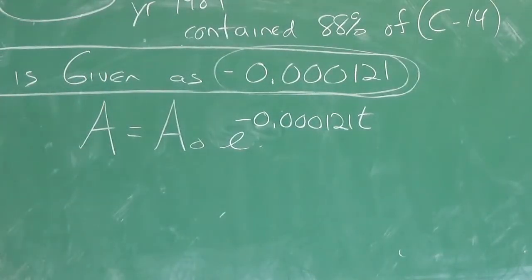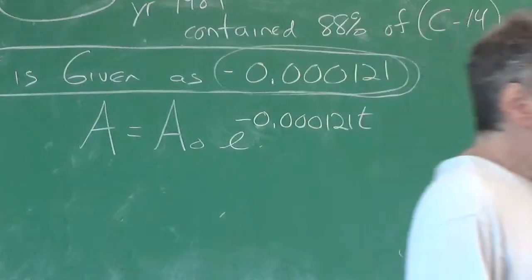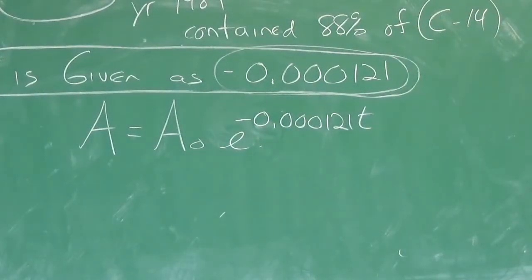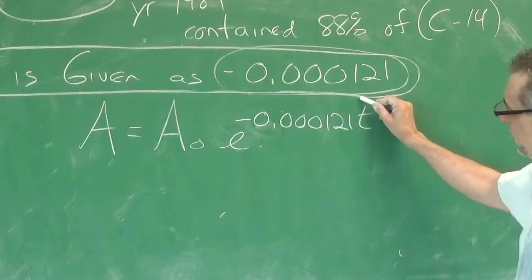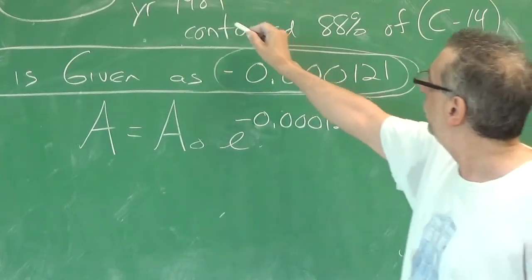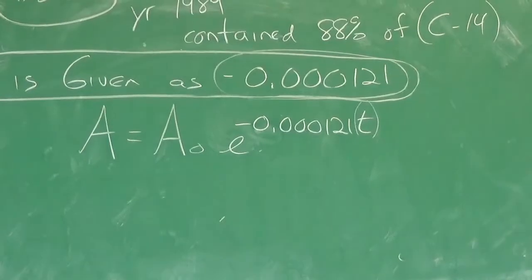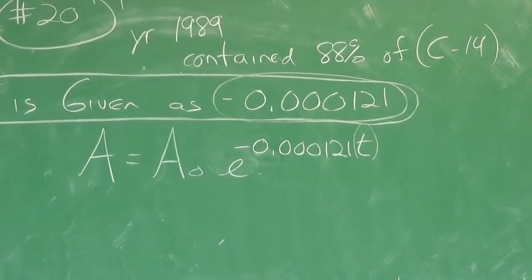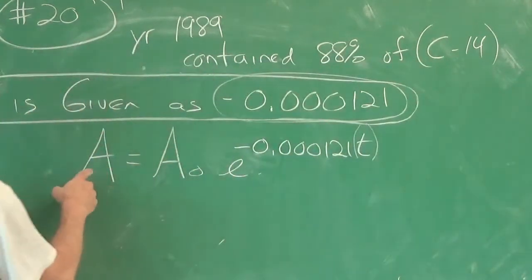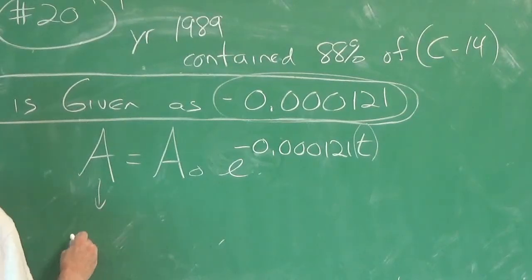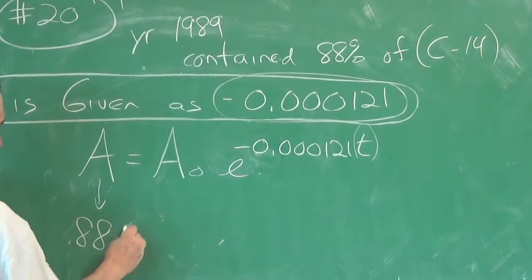So we're told that it contains 88%. Again, we're not concerned with how much, we're just concerned with the percentage. So 88% is left, and it says how old are the skeletons. So basically we're looking for this number, and we know that 1989 is the year that they were found. That's not t equals 0, that's the year they were found. And we want to know how old they are, if the final amount is 88% of the original amount.